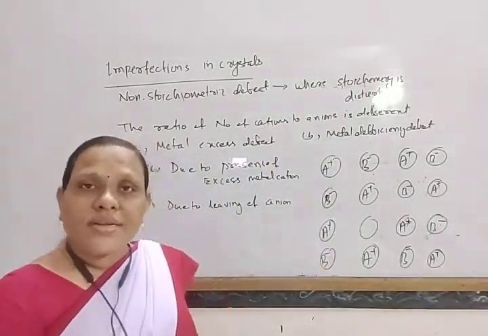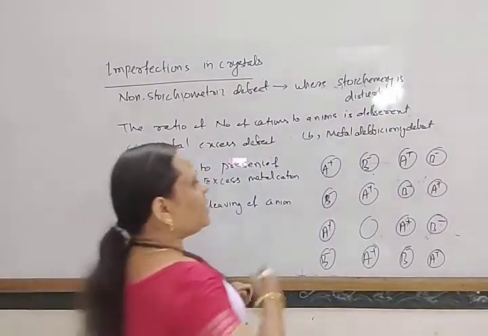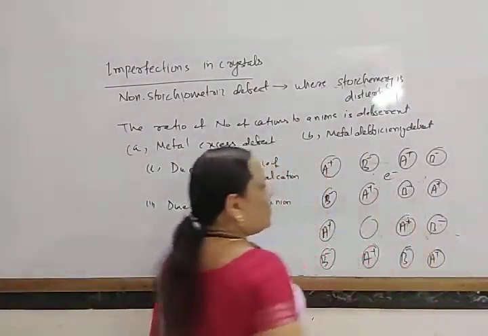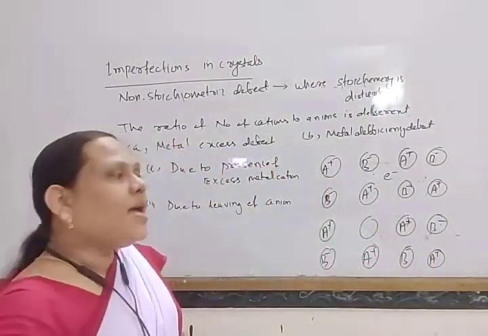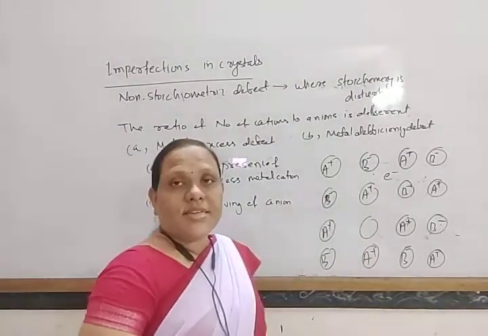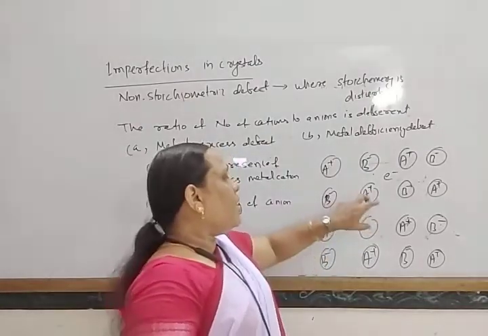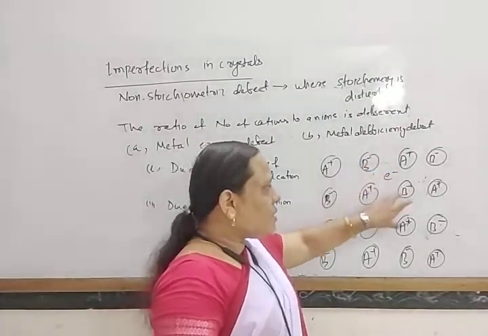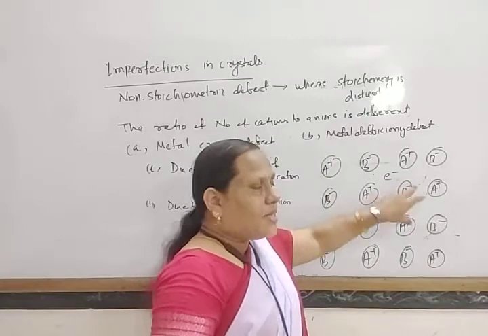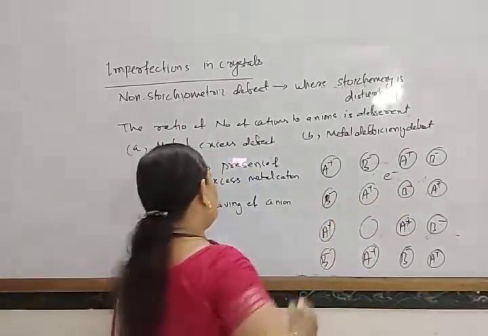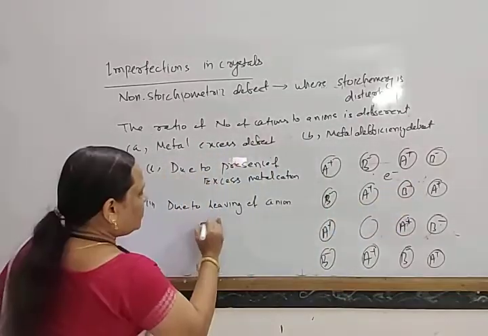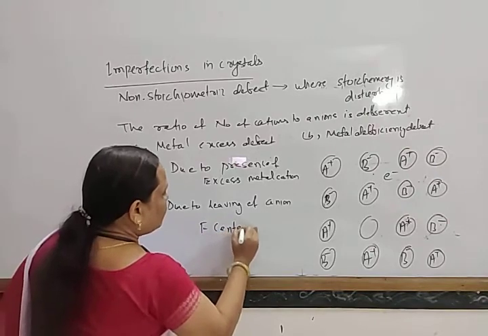To maintain electrical neutrality, here also some electron is trapped by the crystal, and because the electron is trapped by the crystal, it becomes colored. This space where the electron is trapped is called the F center.